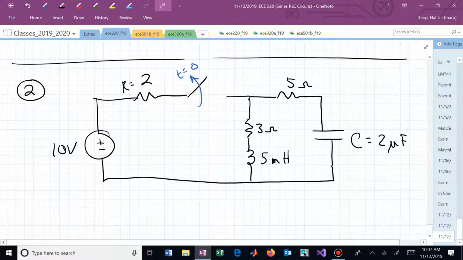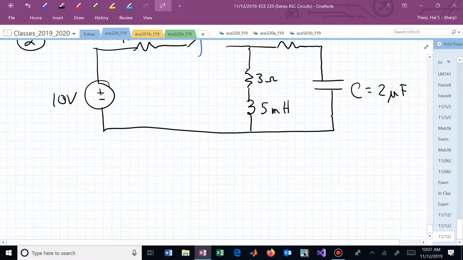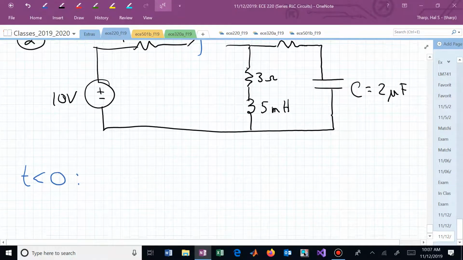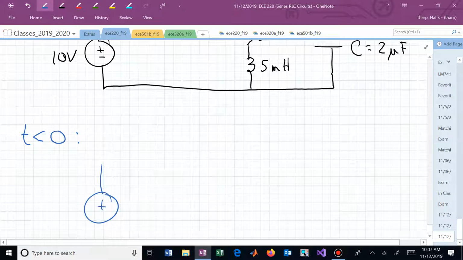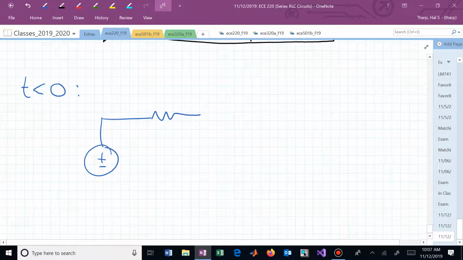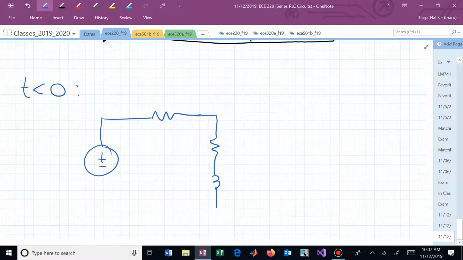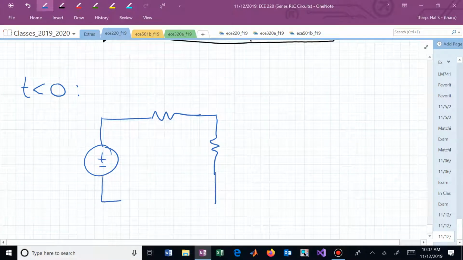Well, last time we tried drawing that circuit for t less than 0, before the switch opens. Let's do the same. Let's look at this when t is less than 0. We have our source. Now I get a second chance. We have our resistor. We have another resistor. What's the inductor do for a constant source? It's a short or a wire, so we can just replace it with a wire.